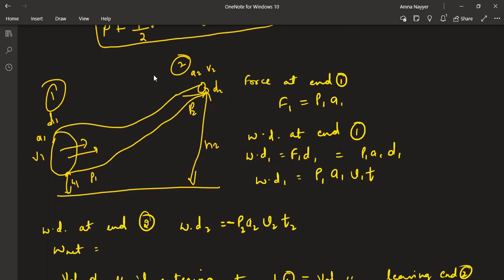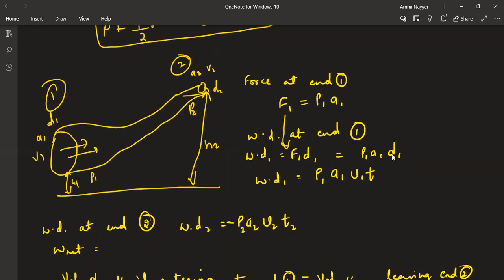Then if you find out the work done at this edge, that will become force into displacement. Force's value is P1A1, so put it here: P1A1 into D1.